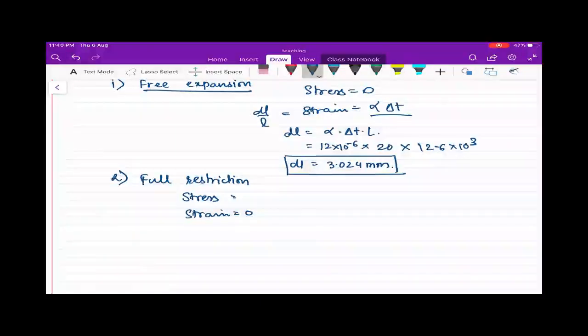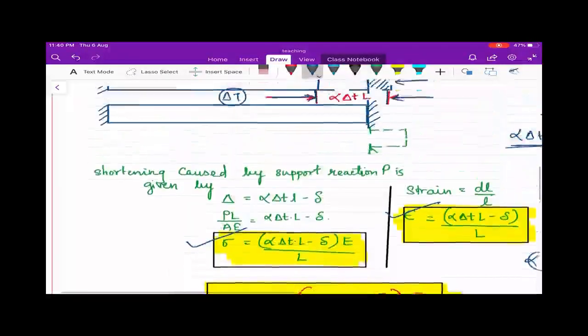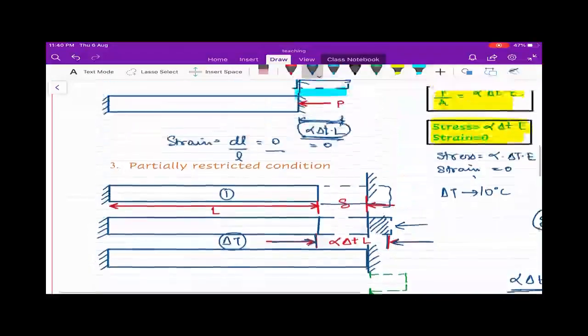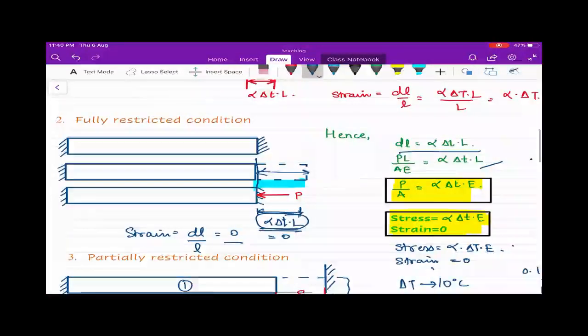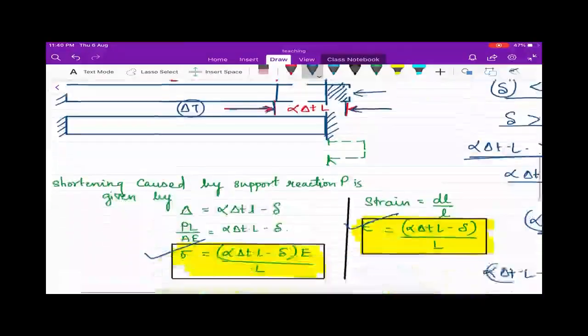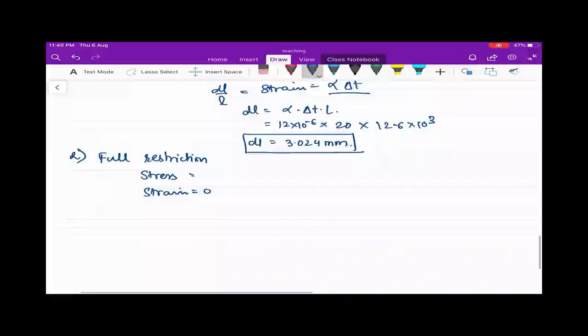In your conditions only your answer will lie. So no expansion joint is provided means strain will be equal to 0. What about stress? In the second case, that is the fully restricted condition, stress will be equal to alpha delta T into E. Alpha into delta T into E.